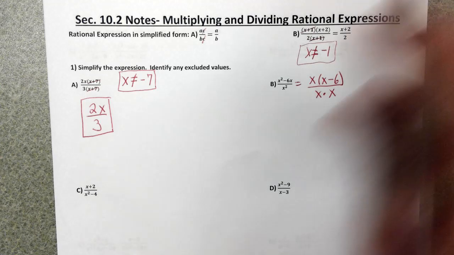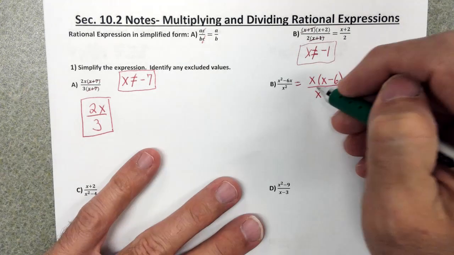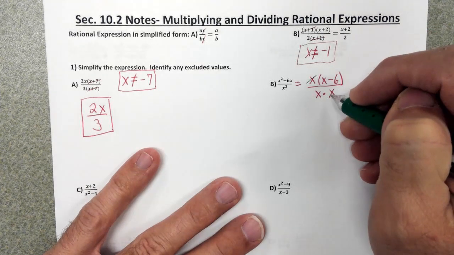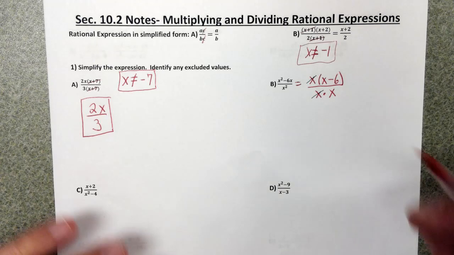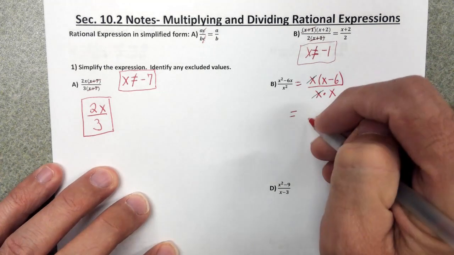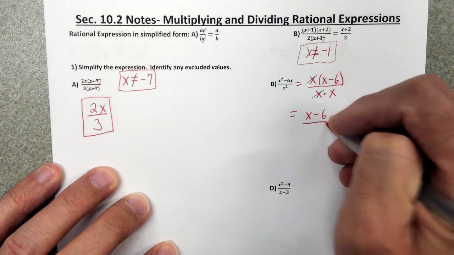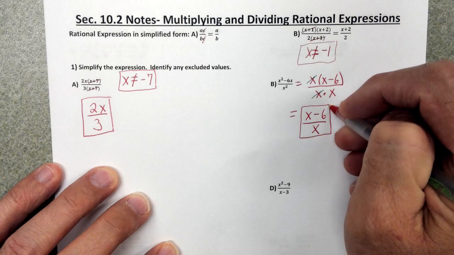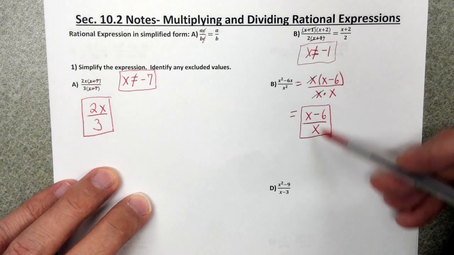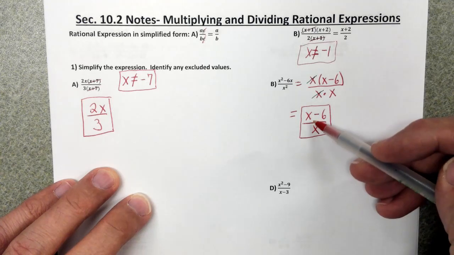Now when I'm looking at my common factors in this case, the only common factor we have is the x on top and the x on bottom. So those cancel, and that leaves us with a simplified form of x minus 6 over x. And remember, you cannot cancel a binomial with a monomial.